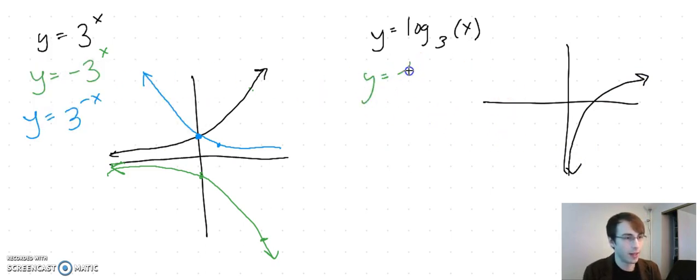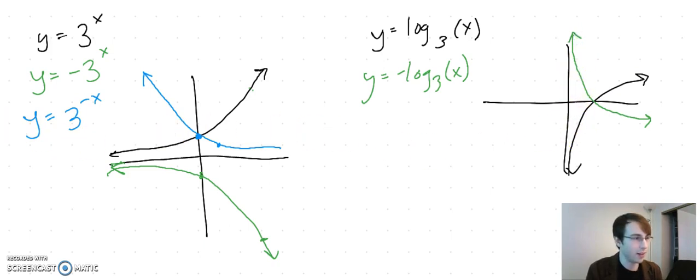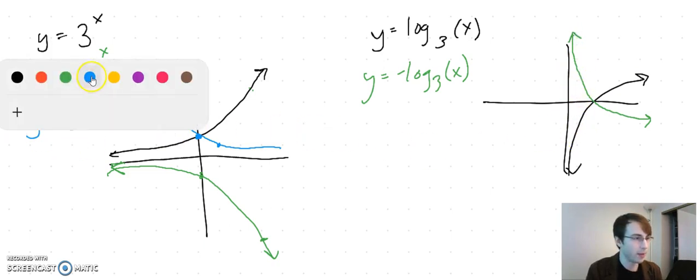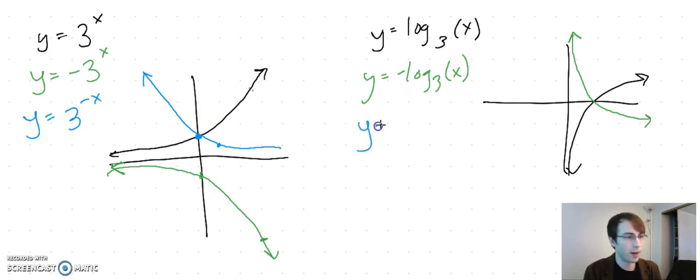Y equals negative log base 3 of x looks like that, reflecting over the x-axis. And then y equals log base 3 of negative x looks like reflecting over the y-axis, so like this.